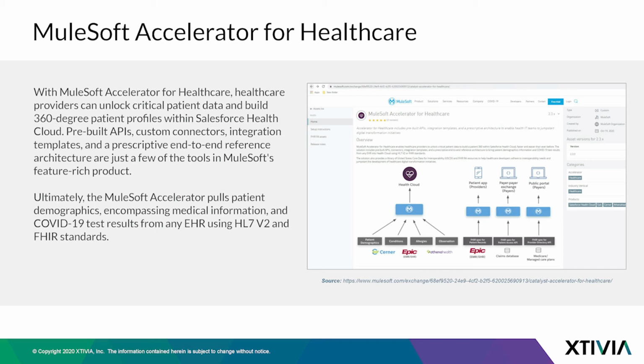All of these are pushed to the Salesforce Health Cloud from your EHR in a standardized way. So your information is in sync, and you get a complete 360-degree view of the patient profile. Okay, so let me move on to the next one.